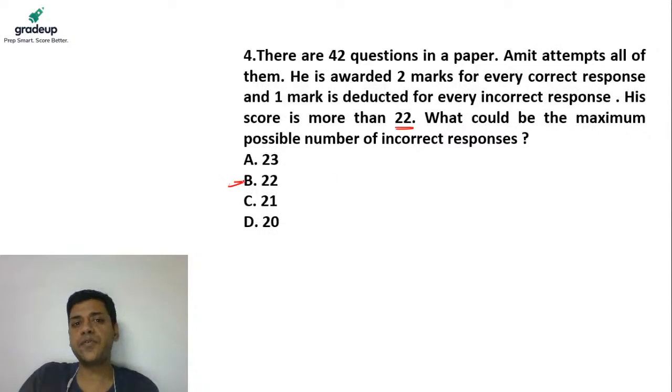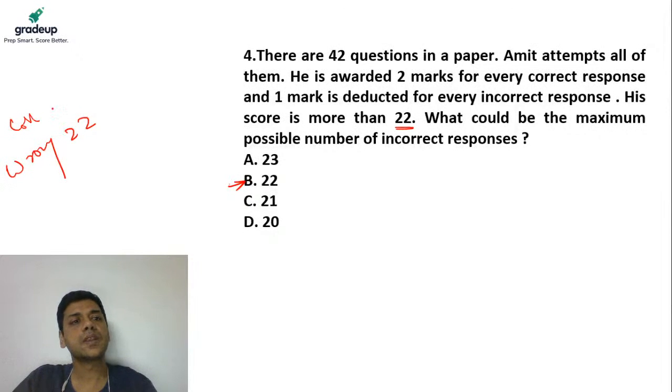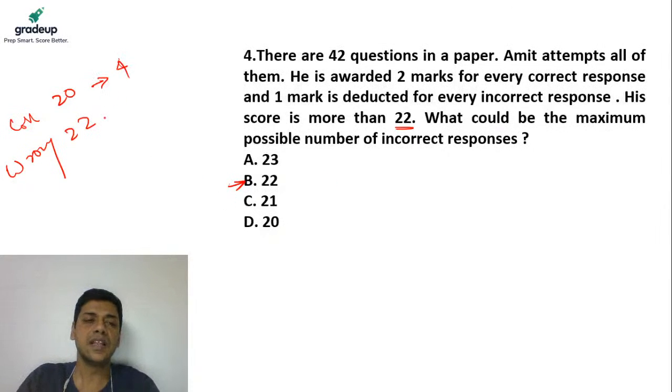Okay, let's take 22, any number for that matter. Let's assume we do 22 correct and 22 incorrect, and 20 correct. So if we do 20 correct, 22 incorrect, how many marks will I score? I will get plus 40 and minus 22, which makes it 18.